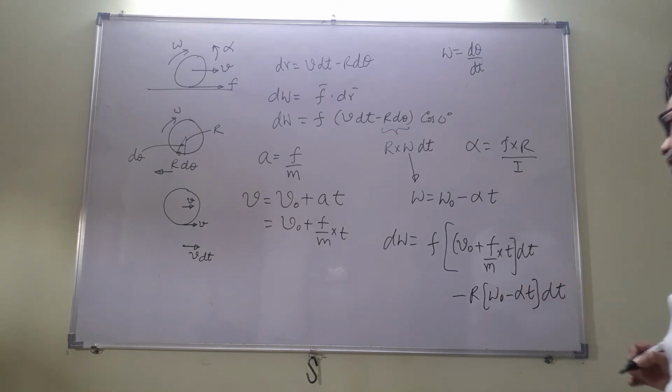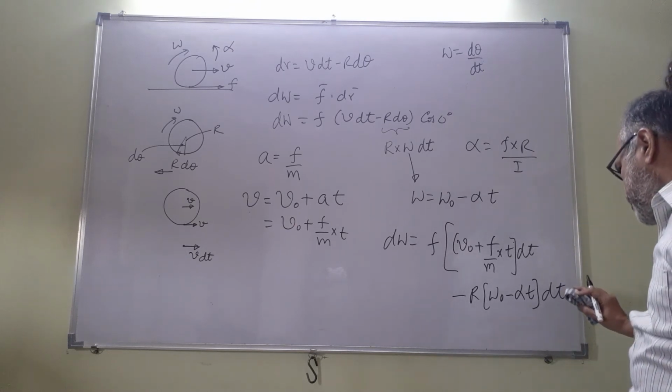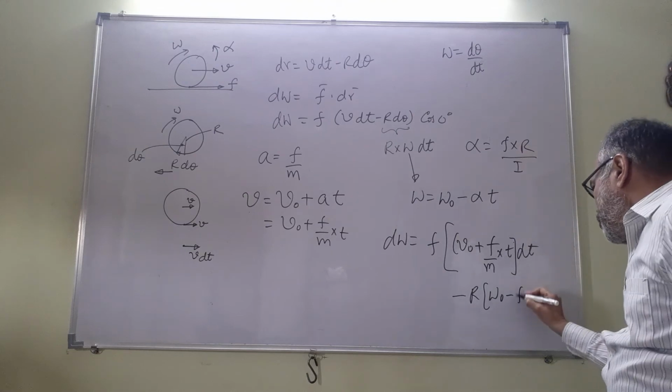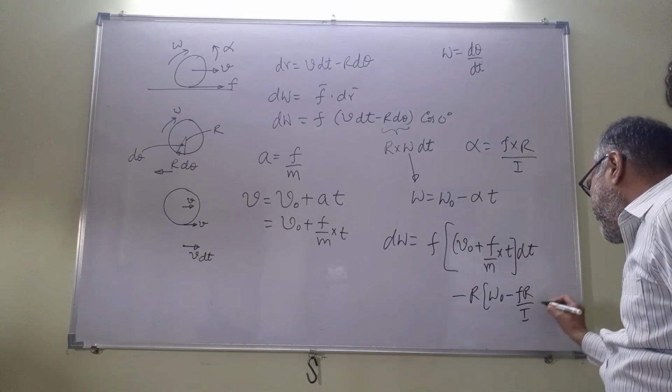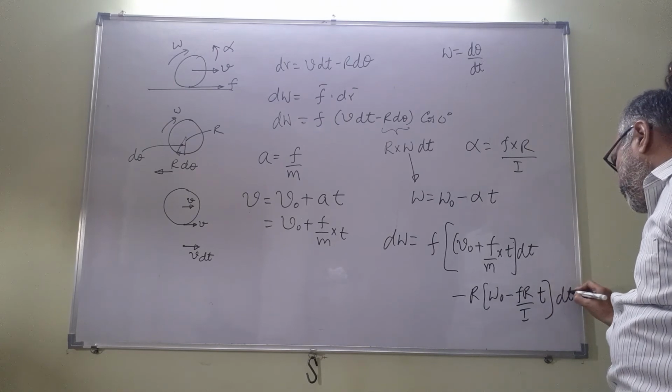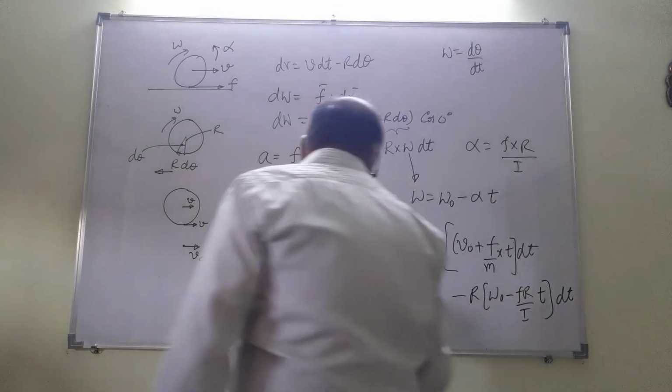That would be the work. Instead of alpha, we can put this value F R by I, times t, and simply integrate this.